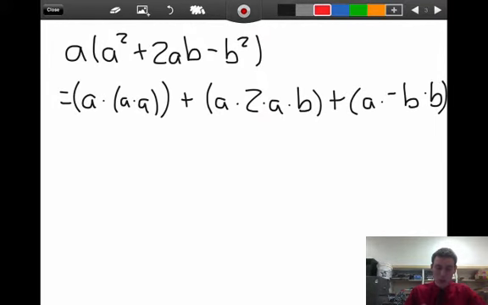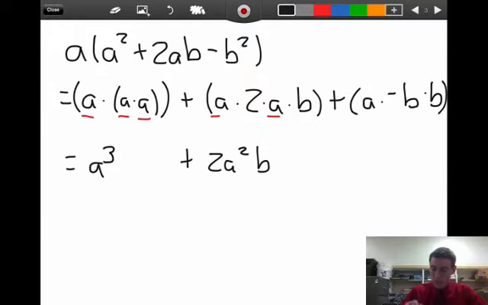Now remember from multiplying that we have 3 a's here, so that equals a cubed. We have 2 a's here, and 1 b, so we get plus 2a squared b.